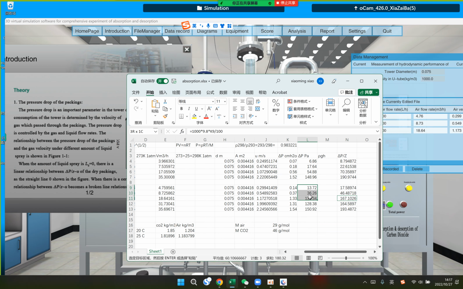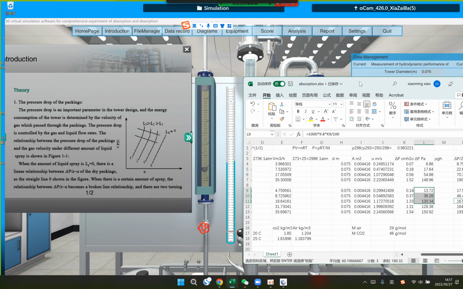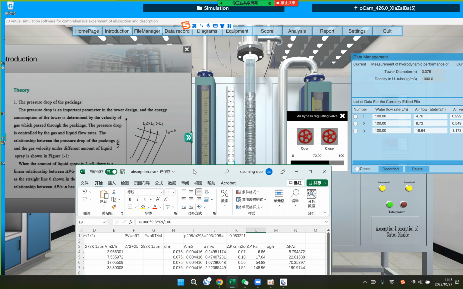As you remember, at the beginning the pressure difference and the velocity have a linear relationship, and after some point it will no longer be linear. At that stage you can determine this point is the loading point, and another point is the flooding point. I have to make it clear that in the on-site experiment, the 2 points are determined by observing the phenomena.